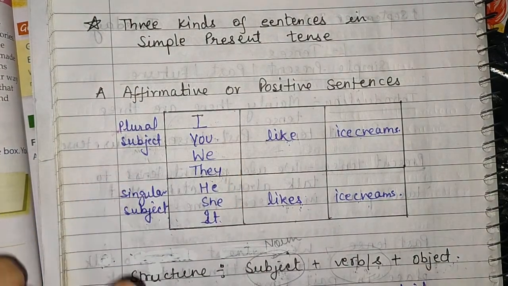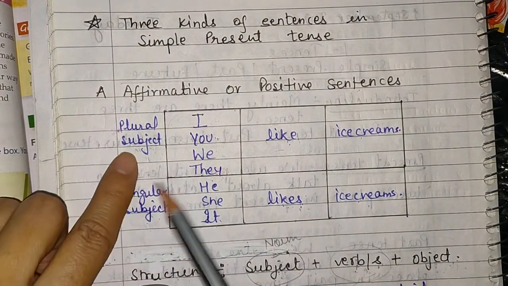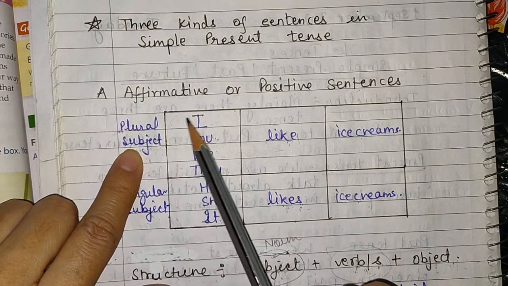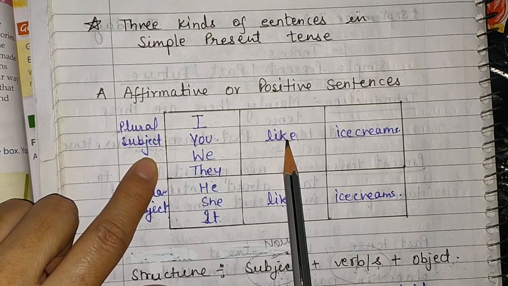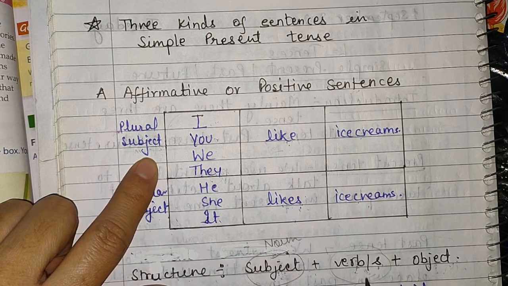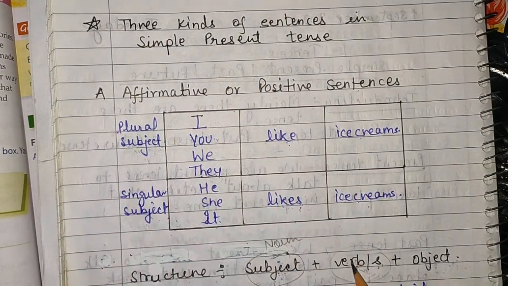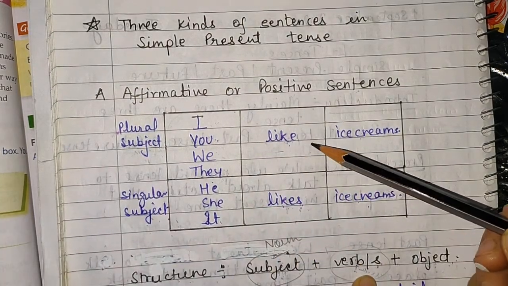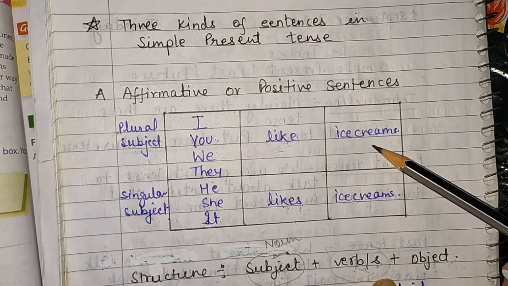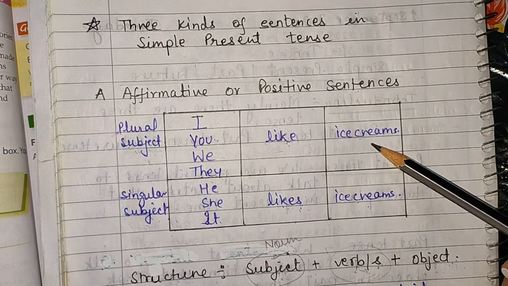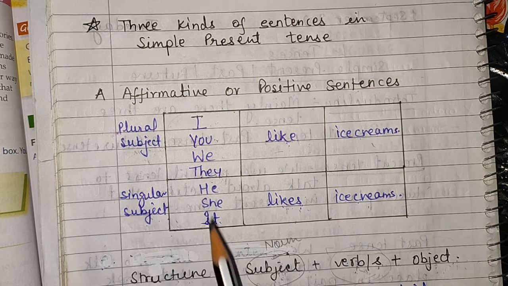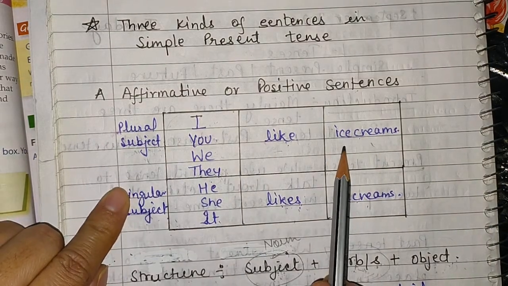Now let's start with the subject here. If you have the plural subject, you will write the verb in the second place without s, and then you will write the object. Object can be one word also and more than one word also. So basically what will the sentence be?